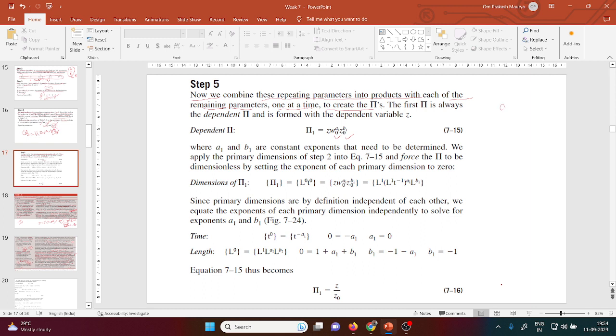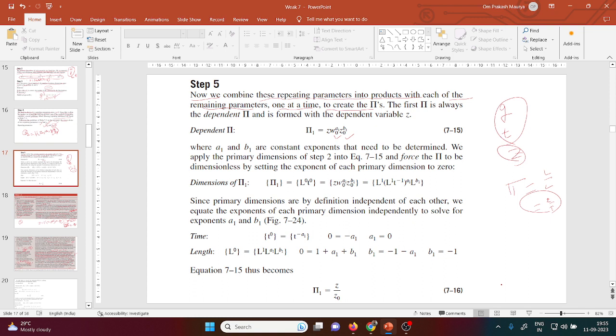The remaining parameters are your G and time, and Z also. To create pis. Create pis means what? Non-dimensional things. Let's say length by length or maybe time by time. So this kind of thing, non-dimensional.